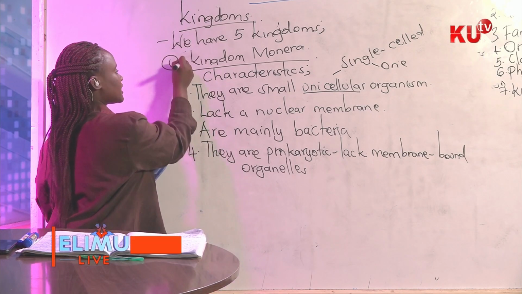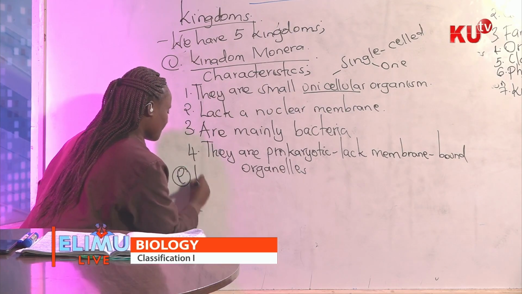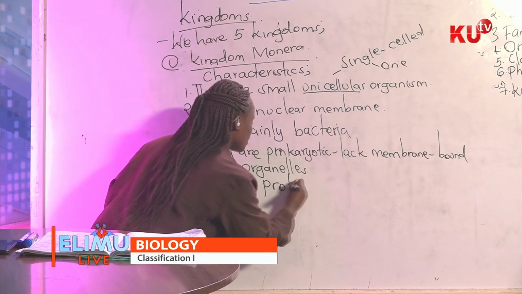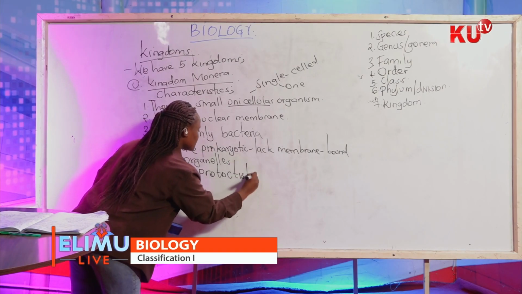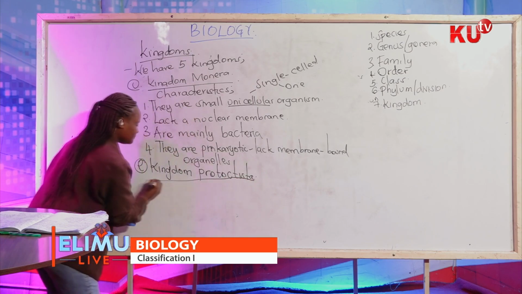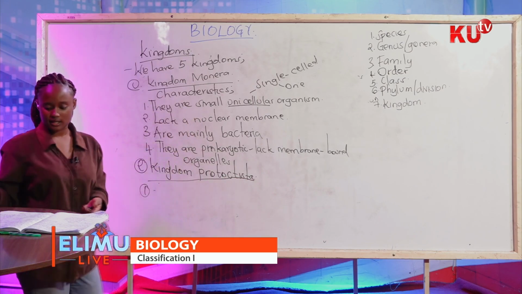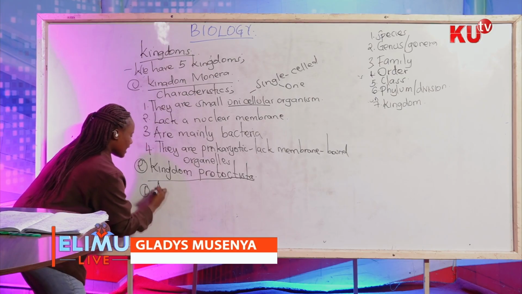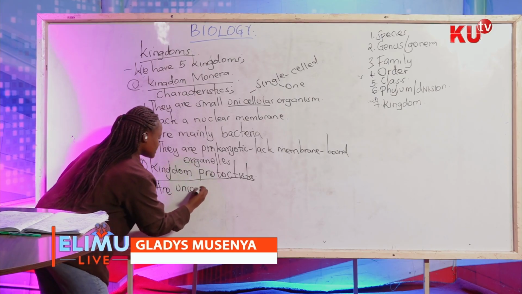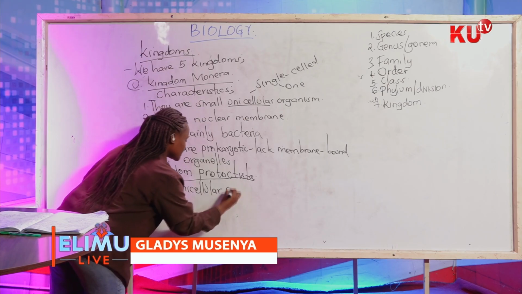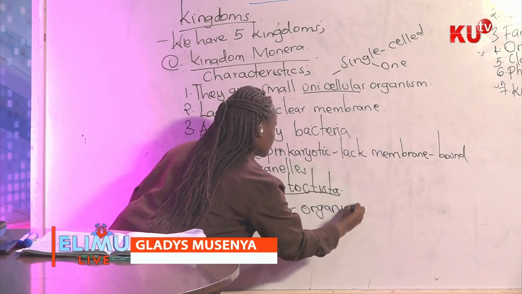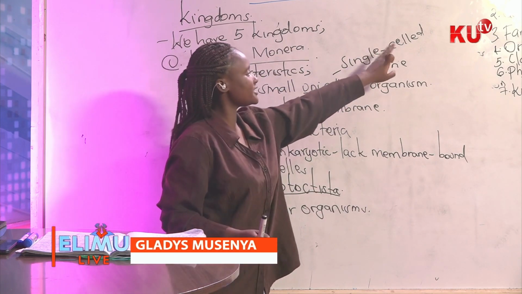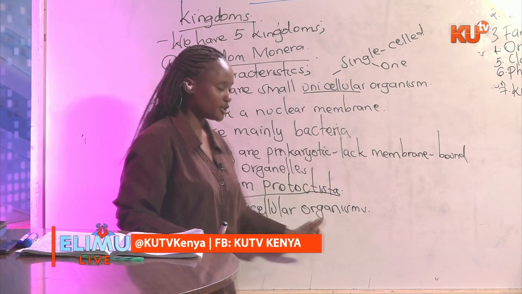Our first characteristic, they are unicellular organisms, same as the kingdom Monera. They have single-celled or one organism, unicellular organisms.